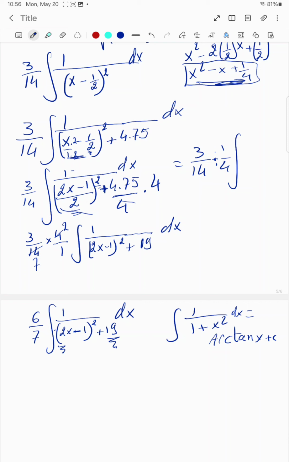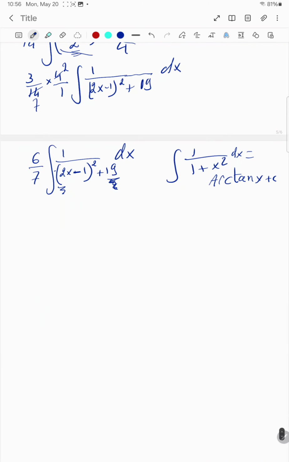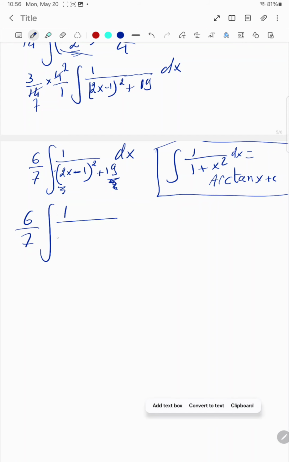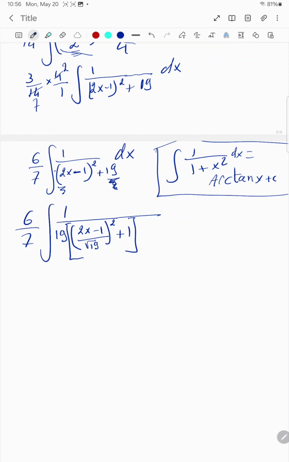No, one minute. I need to factor out the 19 that is here. So it becomes, that's my formula here that I will use at the end, 6 divided by 7, 1 over, if I put 19 times ((2x minus 1) squared divided by square root of 19) plus 1, dx.